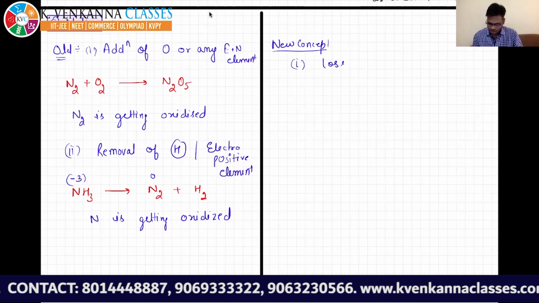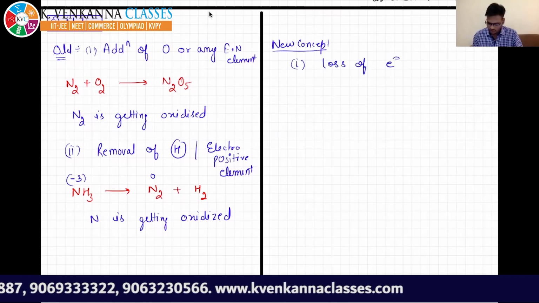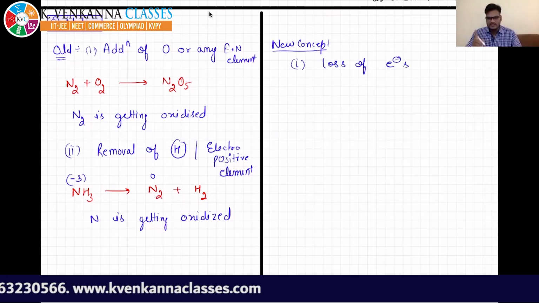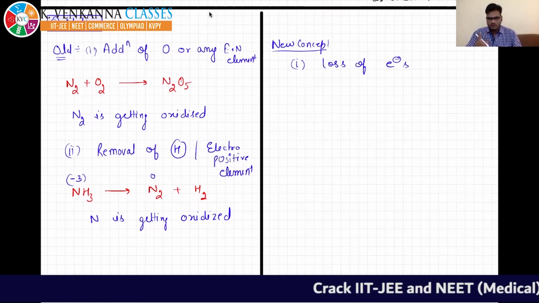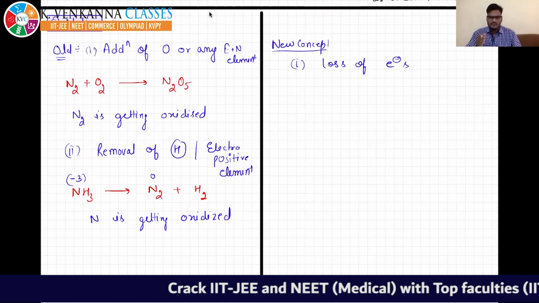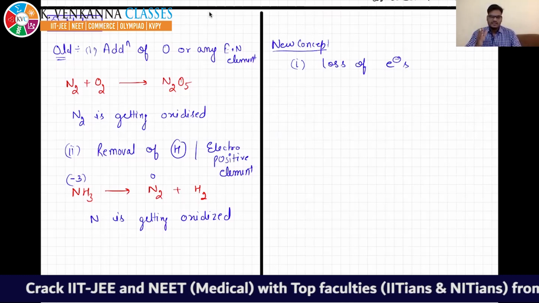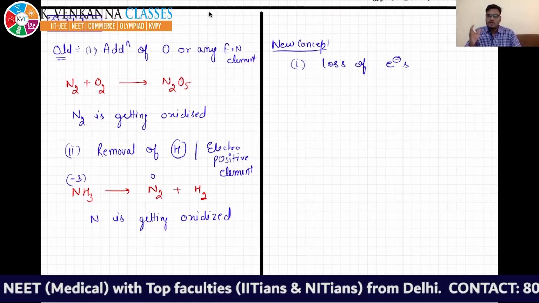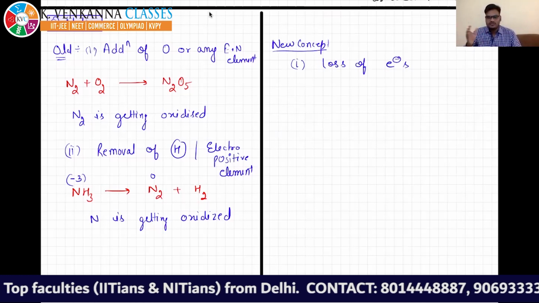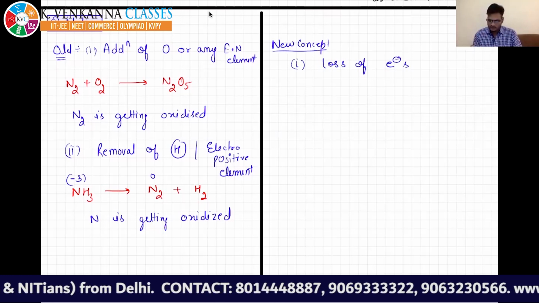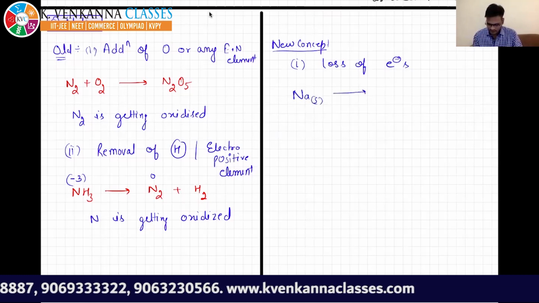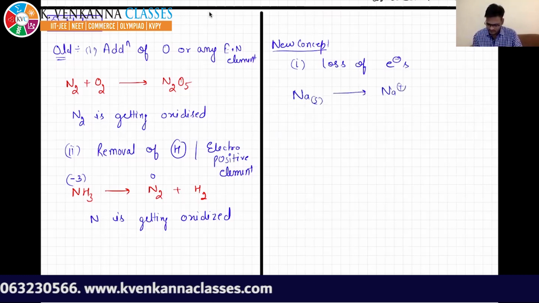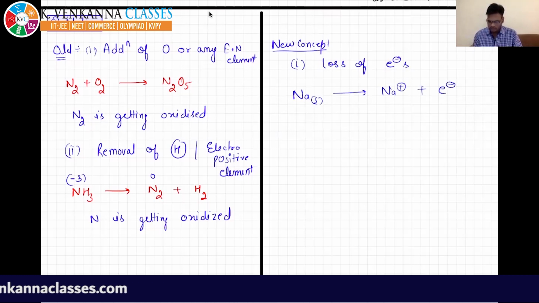loss of electrons. If there is any reaction in which electrons are lost, what do you understand by loss? It means electrons will be present on the product side. For example, Na solid becomes Na plus and gives electrons.